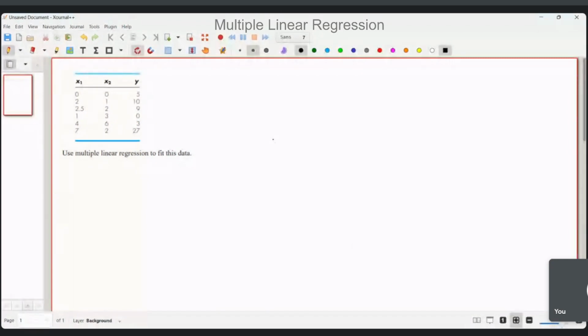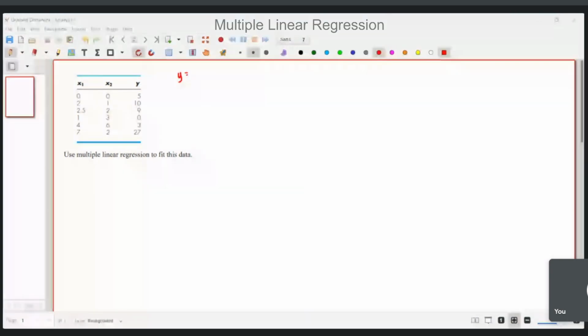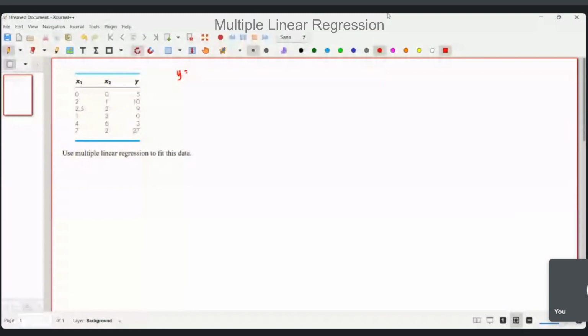Okay, this is our final answer, supposed to be in the form of y equals a sub 0 plus a1 x1 plus a2 x2. In that form, so we need to find a sub 0, a sub 1, and a sub 2.